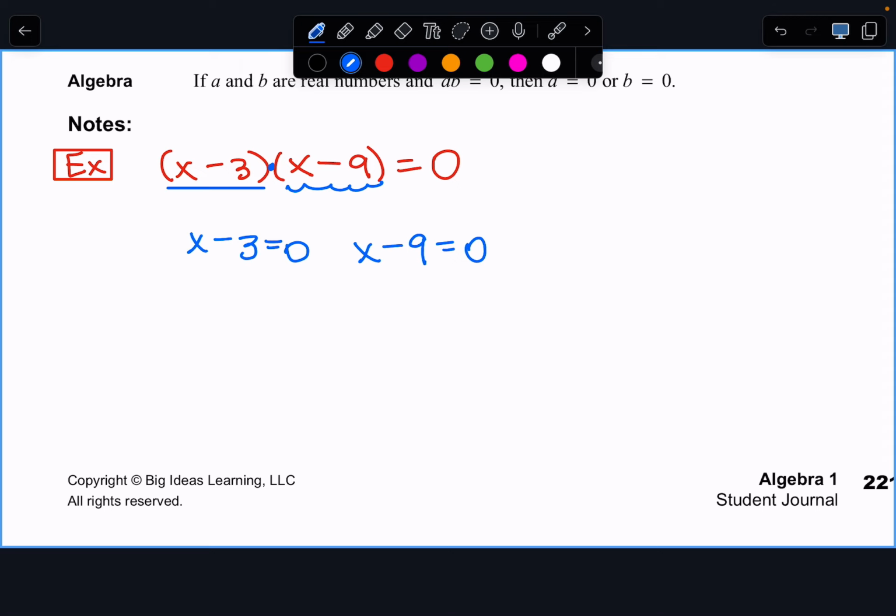So like Theo said, if x minus 3 equals 0, then that means x equals 3. And if x minus 9 equals 0, that means x equals 9. So because we have two factors set equal to 0, we have two answers, two roots, if you will.